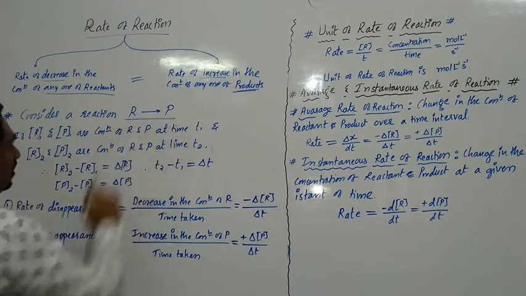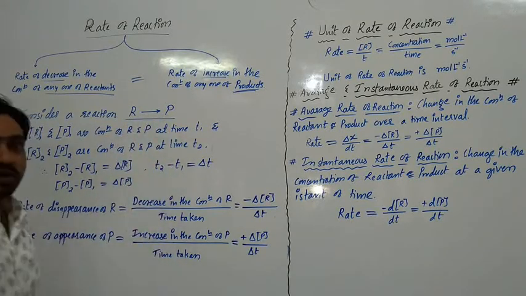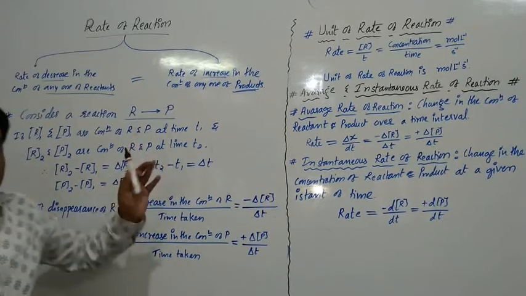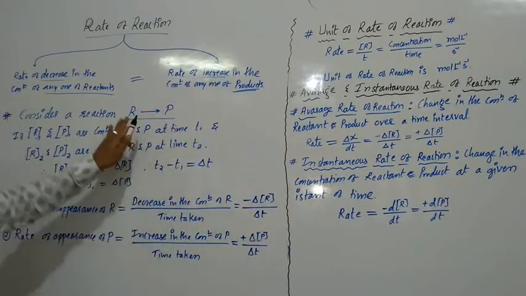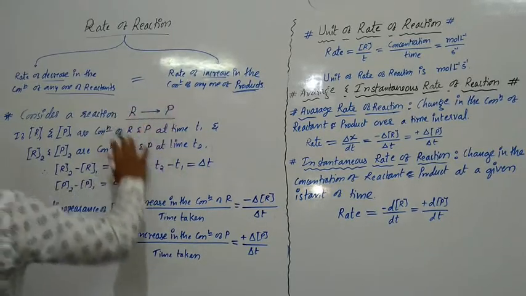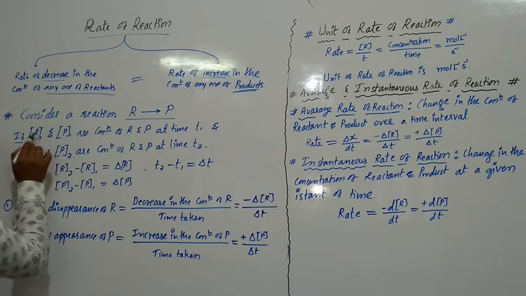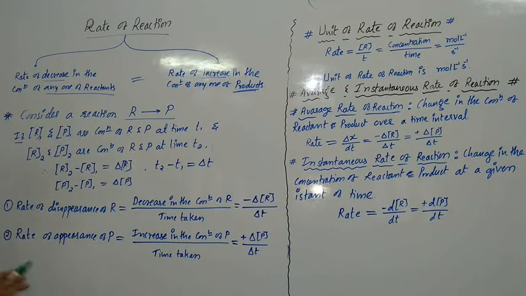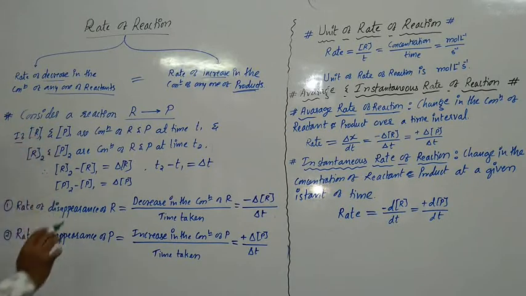Consider a general chemical reaction: R changes to P. R means our reactant and P means product. R is changing into P, so R is undergoing a chemical reaction to give P. In this reaction, the square brackets indicate concentration. In physical chemistry, anything written in square brackets indicates the chemical concentration.